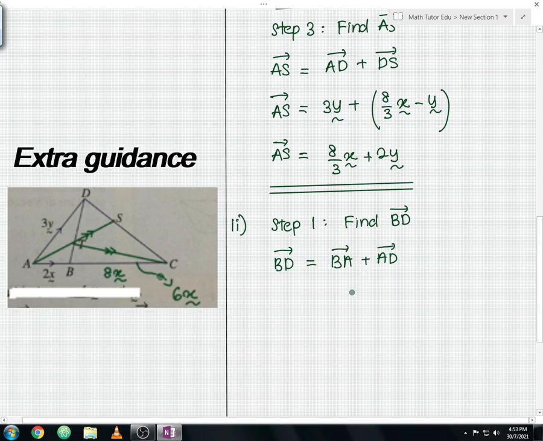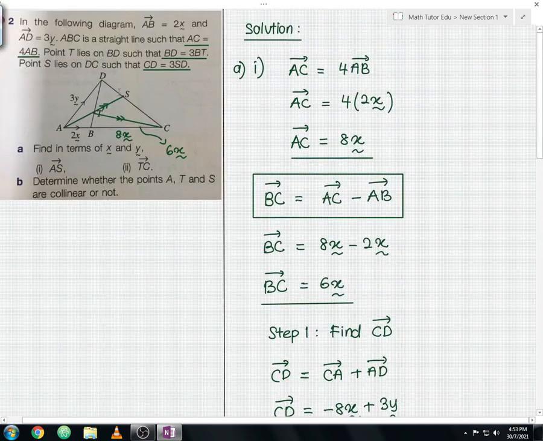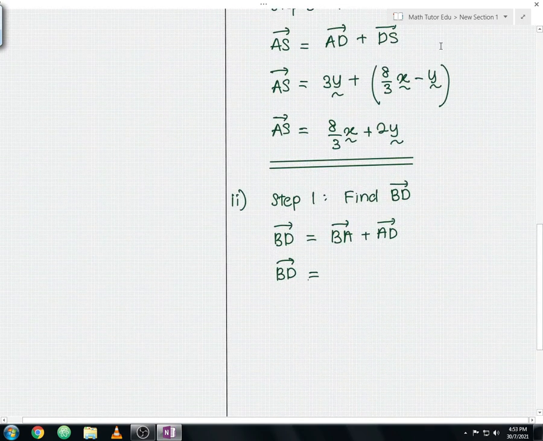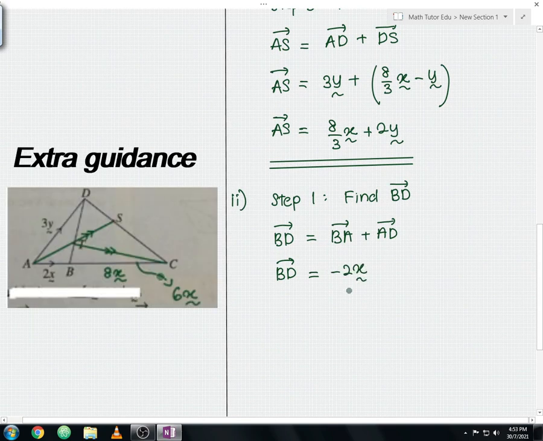So vector BD will be equal to... vector AB is 2x, so vector BA will be the opposite direction of vector AB, which in this case is negative 2x. And then you add the vector AD, in this case 3y. So this will be your step 1. Let me underline this.